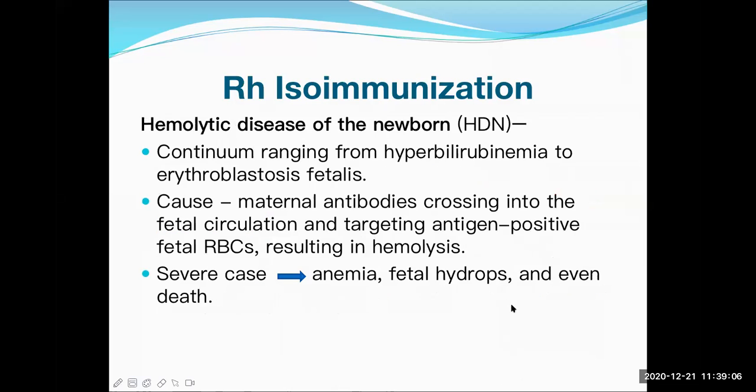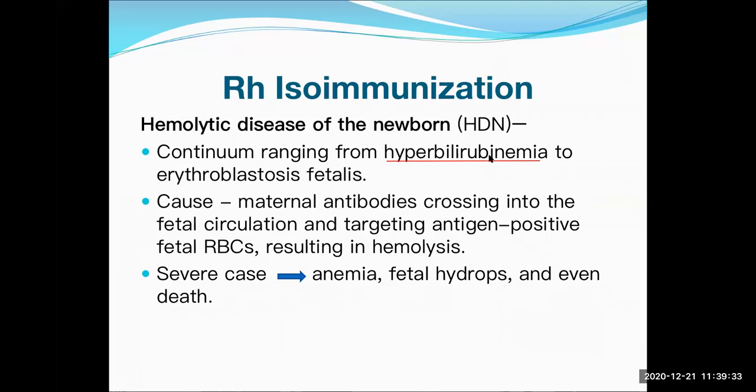Let's move on. Now, what happens to the newborn? In the newborn, because of this IgG antibody, they will destroy the RBC, and that can result in hemolysis, and that hemolysis will lead to hyperbilirubinemia, also known as neonatal jaundice.